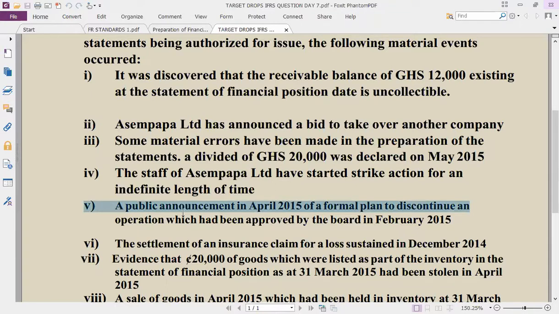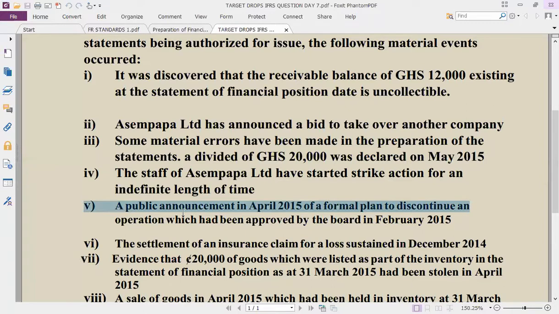Note 5: a public announcement in April 2015 of a formal plan to discontinue an operation which had been approved by the board in February 2015. This one is non-adjusting.